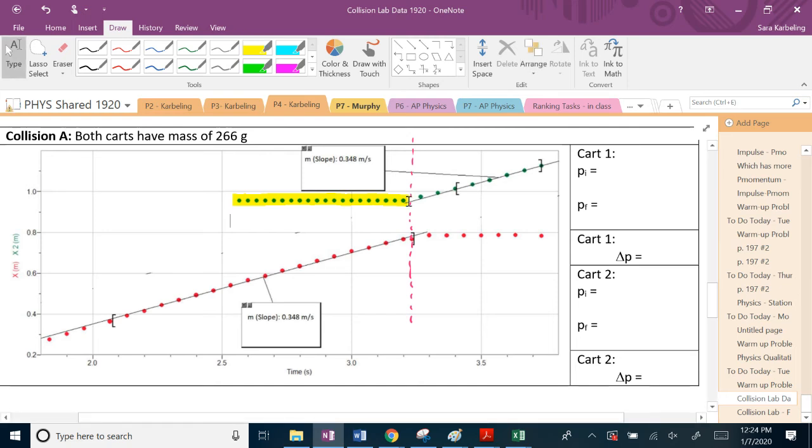How fast is it going, friends? 0.348 meters per second. Yes, it's there. On the other one, cart 2, it's moving at 0.348 meters per second. And then after the collision, it's what? The speed before and the speed after are indeed exactly the same.